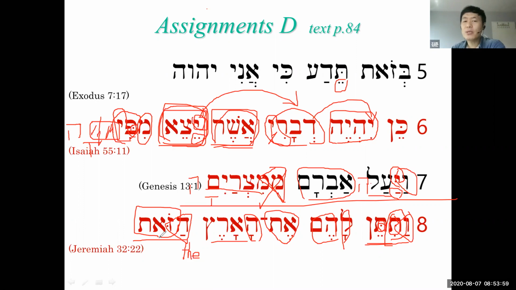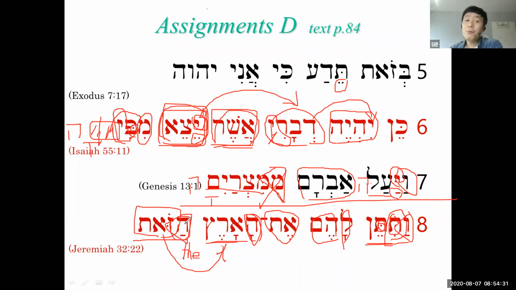So here, zot is feminine, singular. And eretz itself is a feminine noun and singular. So there is agreement in terms of gender and number. What about definiteness? This one is taking the, and this one is taking the. So there is agreement. Then in this case, this one should modify it directly. So this land.